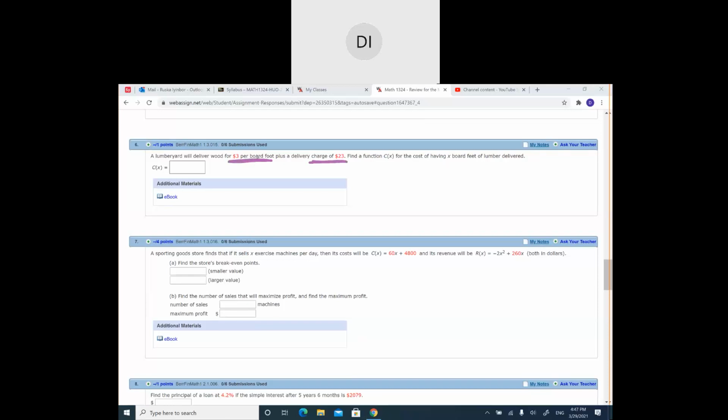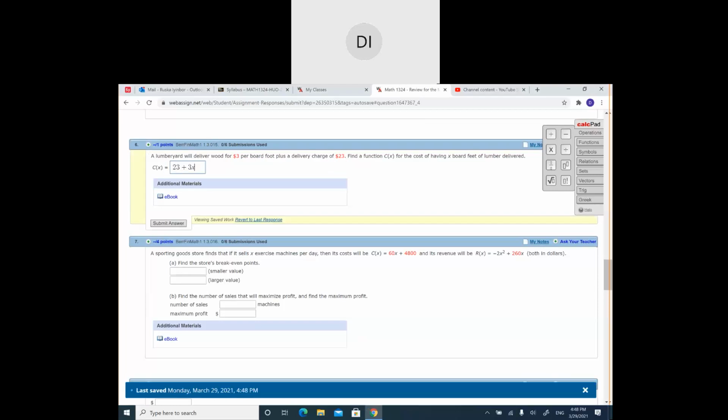So x represents how many feet you're going to get, and the answer here is going to be just 23. That's what you're paying, the delivery charge, plus 3x, because you're multiplying how many feet you're going to order by $3 per each foot, so 3x. So that's the answer here.